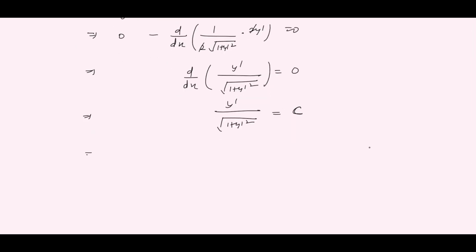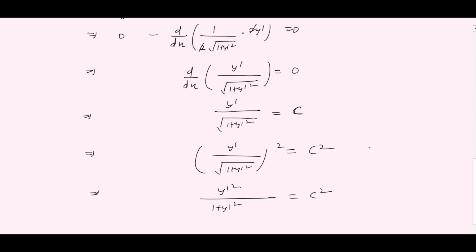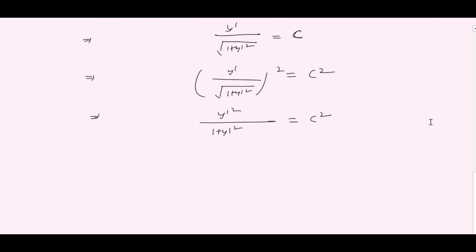So now further, on squaring on both sides, we will get c square, and further it will give y' square over 1 plus y' square is equal to c square. So now take the reciprocal on both sides.